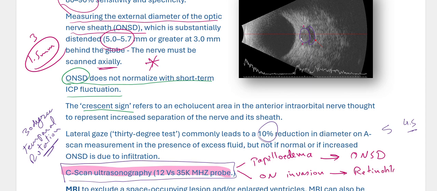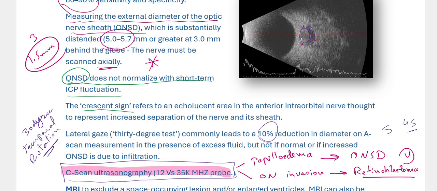So this is important for your exam now. Retinoblastoma, Ellsworth stage 5. You can say, oh, I would like to perform C-scan ultrasonography.